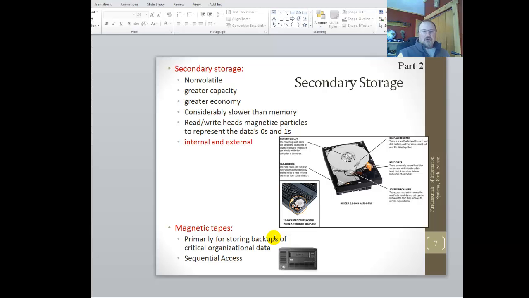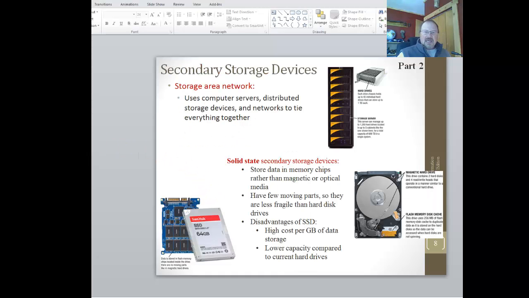It's really handy for saving all of your data. Like overnight, you'll do a backup of your entire system to tape, and then you take that tape off-site for storage, just in case something terrible happens. You still have that storage.